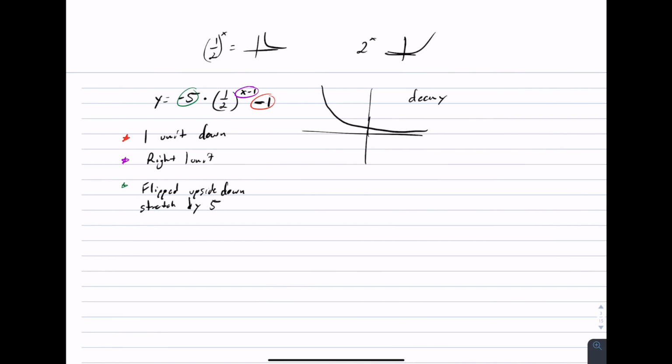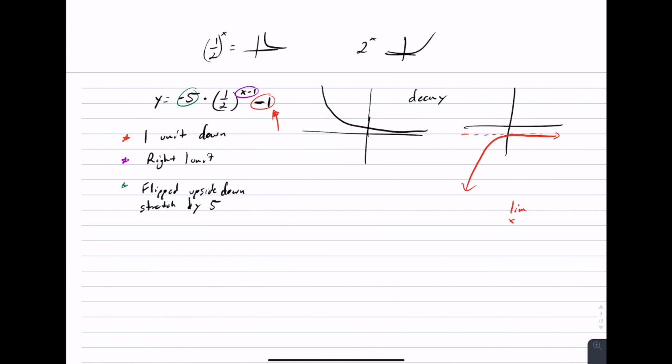So now let's see, we shift it 1 unit down, we flip it, and then it stretches by a factor of 5. So that would look something like this. And then the asymptote right here, where it kind of levels out, that's also because of this. That is your end behavior.